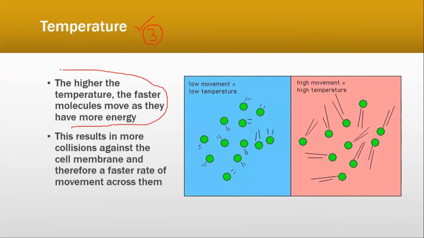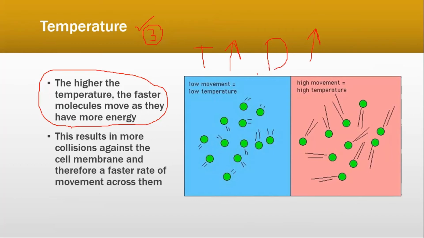In physics, we study a theory known as the kinetic particle theory, in which whenever the temperature is increased, the molecules gain kinetic energy, they collide, they become faster, they gain momentum, and they move faster. Hence, when they move faster, there will be a faster rate of them passing across the membrane. So, as we increase the temperature, the diffusion also increases.